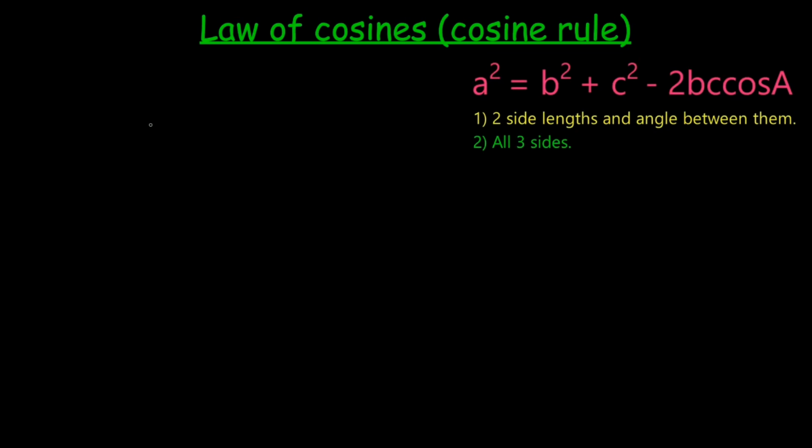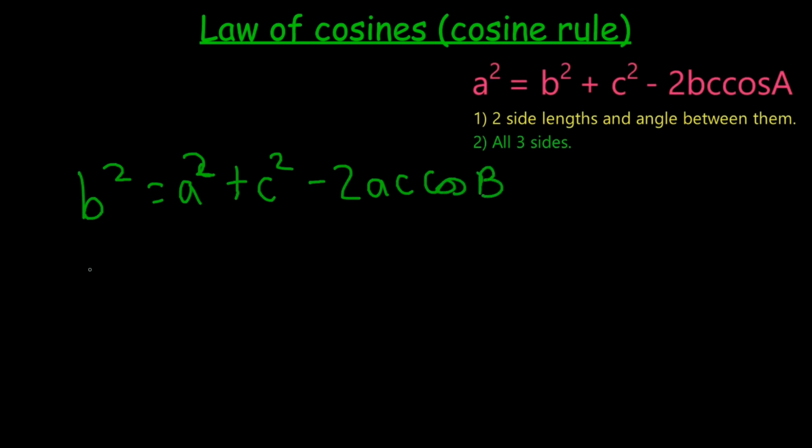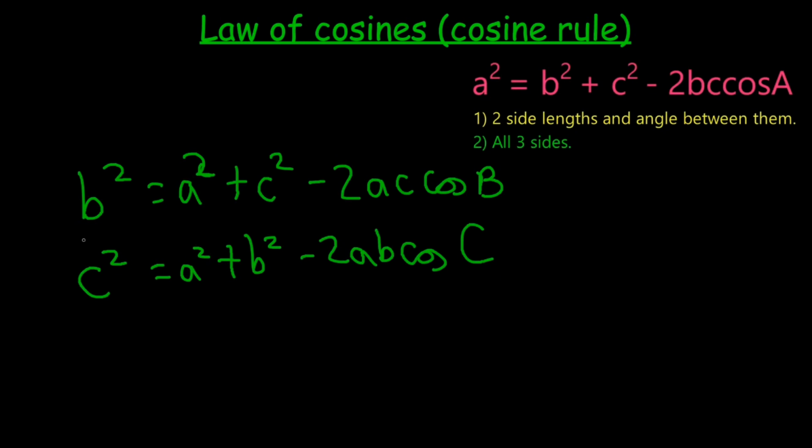Now, before we do these examples, you'll see this form of the cosine rule here. There's two alternative forms. b squared equals a squared plus c squared minus 2ac cos B, and there is also c squared is equal to a squared plus b squared minus 2ab cos C. They all describe the same thing.